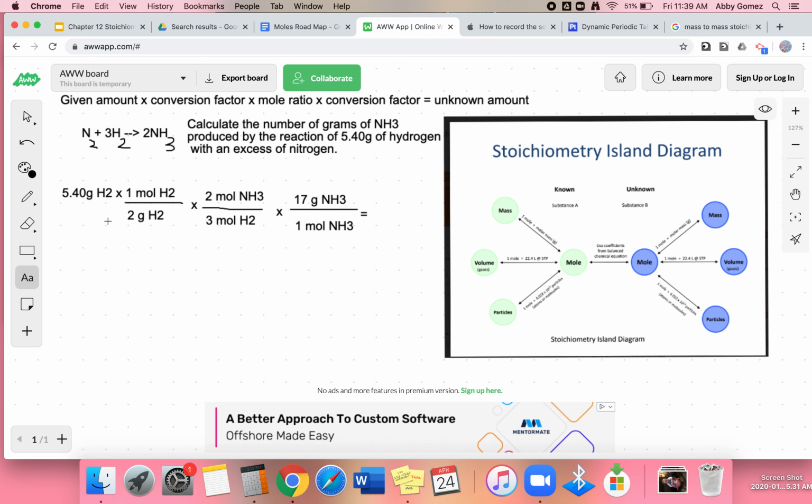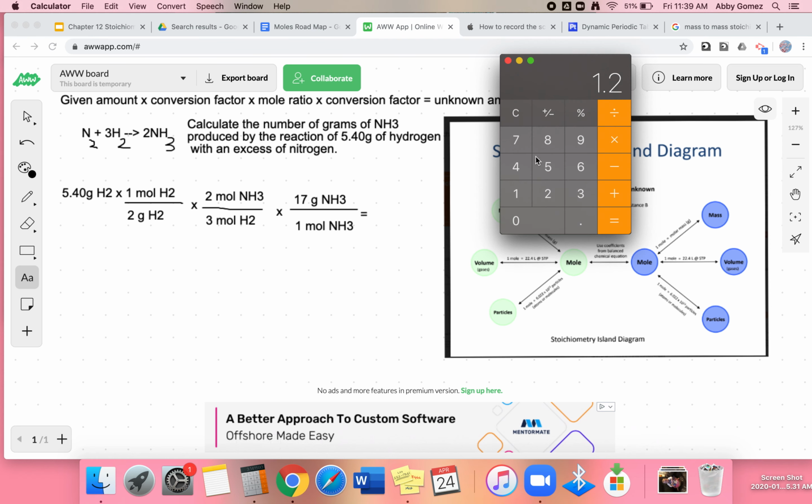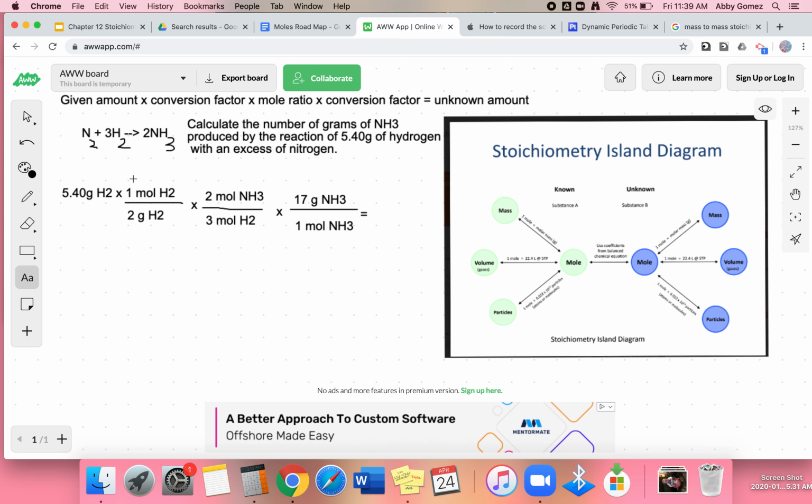So 5.40 times 1 divided by 2 times 2 divided by 3 times 17 divided by 1 equals 30.6. 30.6, and our label is grams of ammonia.